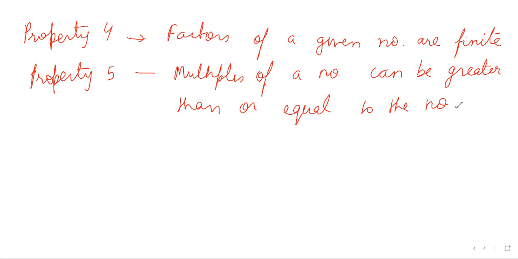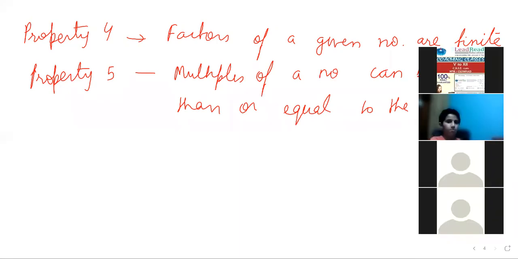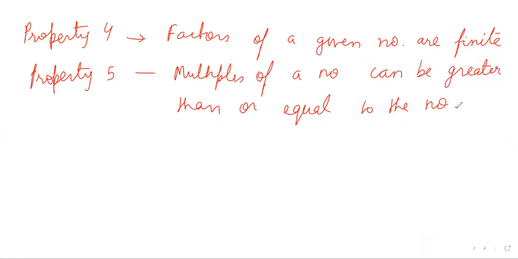Please pay attention to this specific point: multiples can be greater. Factors can be smaller or equal to the number, while multiples are greater than or equal to it. Have you understood this point, everyone? Yes, ma'am. Okay, great, Samarth.